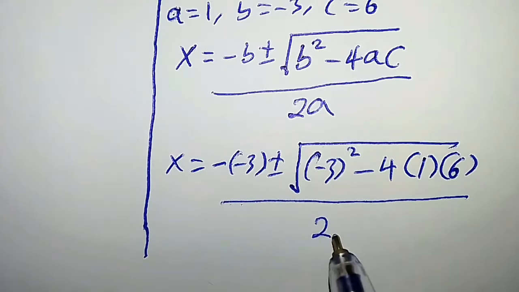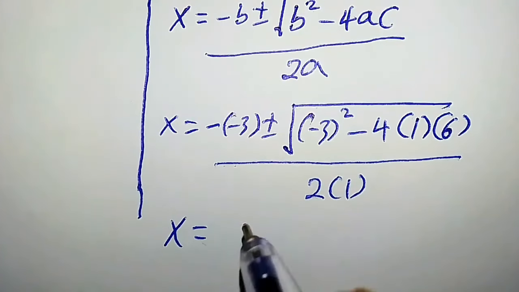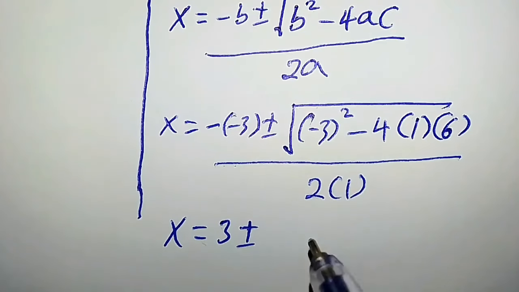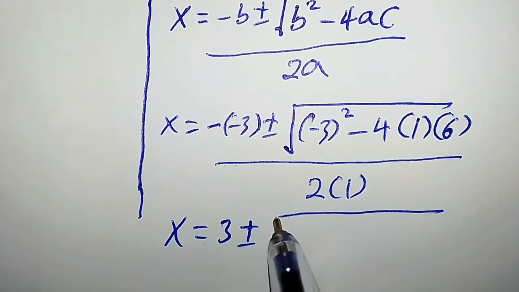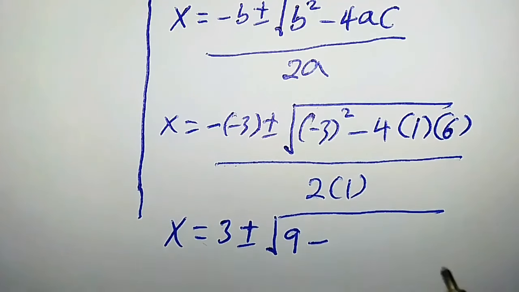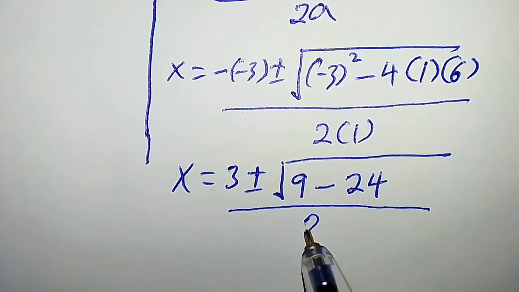over 2 into 1. So I have x equal to minus times minus 3, that is 3, plus or minus square root of minus 3 all squared, that is minus 3 times minus 3, which is 9, minus 4 times 1 times 6, that is 24, over 2 times 1, that is simply 2.